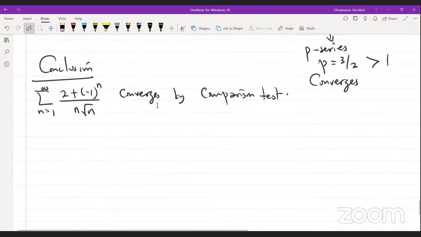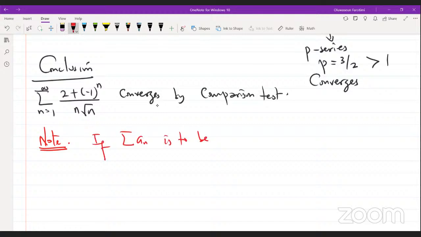But I'm going to just give you guys a note, more like a warning. When you work with things like this, take notes. If the series of a_n is to be tested, you've got to take note of 2 things, guys.